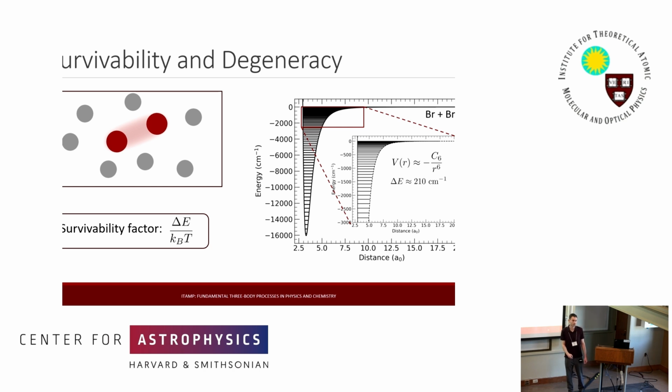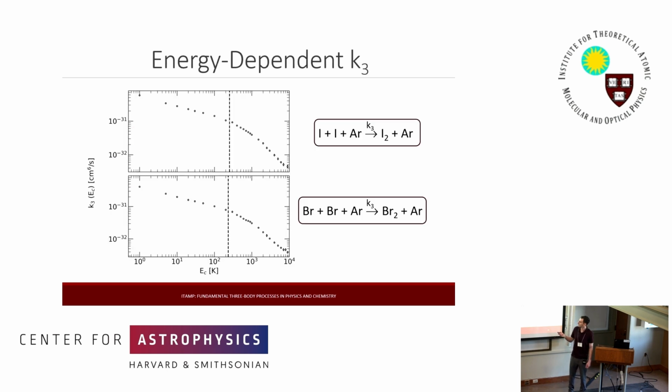Maybe just to extend the survivability factor: is there a rigorous foundation for that, or is it just something you tack on to get agreement with the experiment, like a fitting parameter? These calculations are of the nascent products, immediately after they collide in an isolated space.